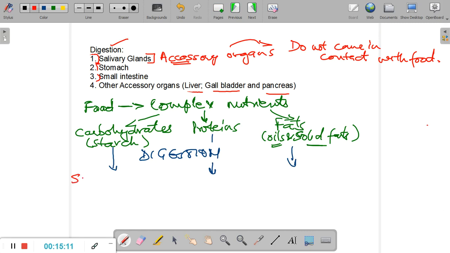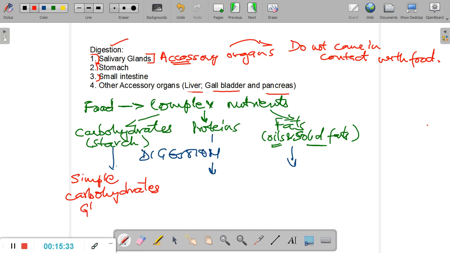Carbohydrates are broken into, you can simply call them, simple carbohydrates. I'm not going to give you a scientific name for them, or else you'll get confused. So at this moment you should only remember that carbohydrates are broken into simple carbohydrates.